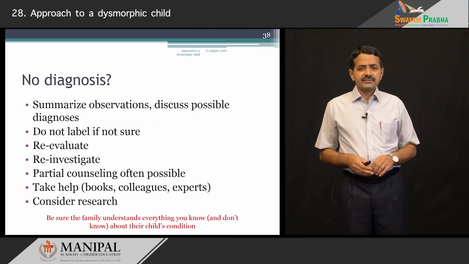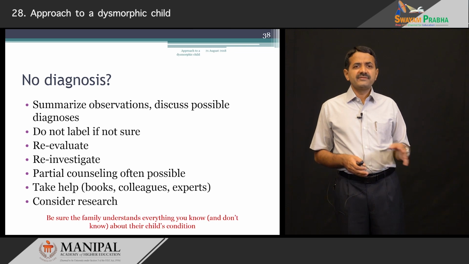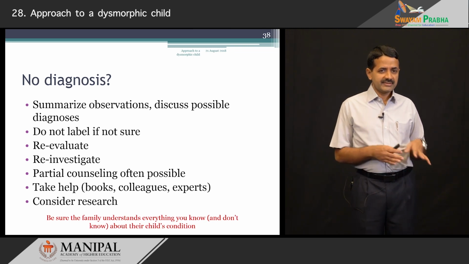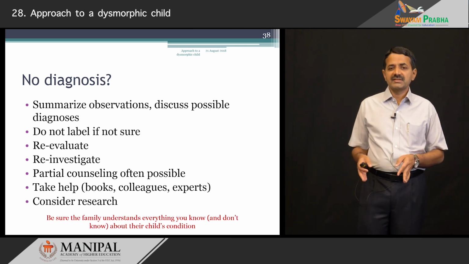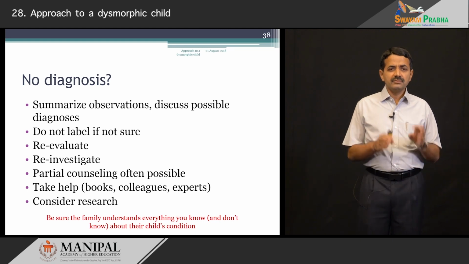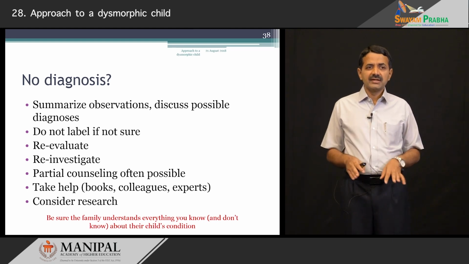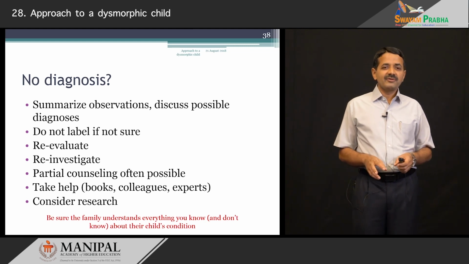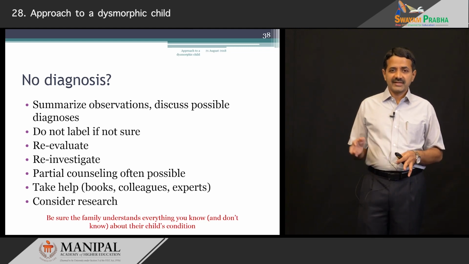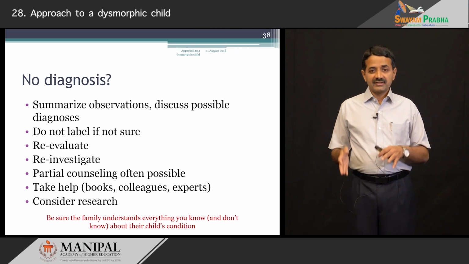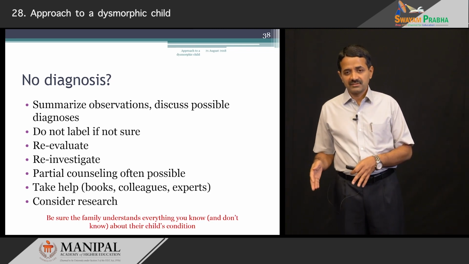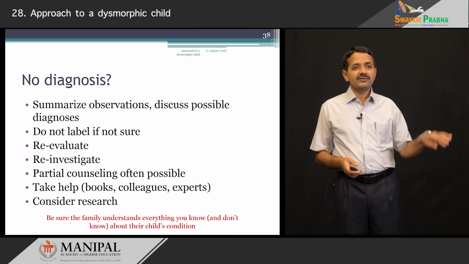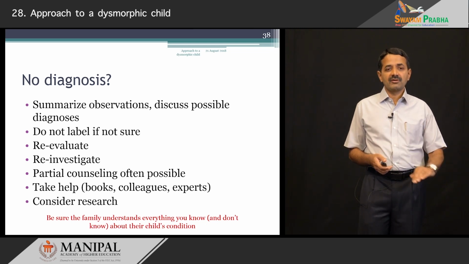Many times we do not have a specific diagnosis for a child who has malformations. So, it is important to summarize observations and discuss possible diagnoses. It is important not to label if you are not very sure what the diagnosis is, because whichever diagnosis is labeled is carried on to the next physician or pediatrician.